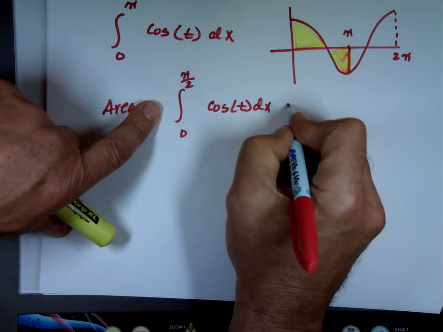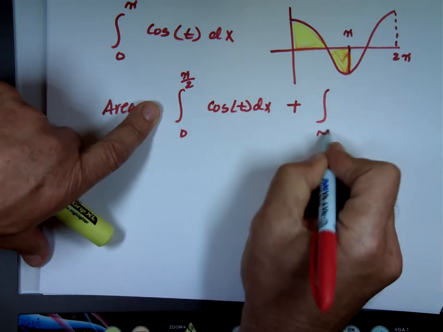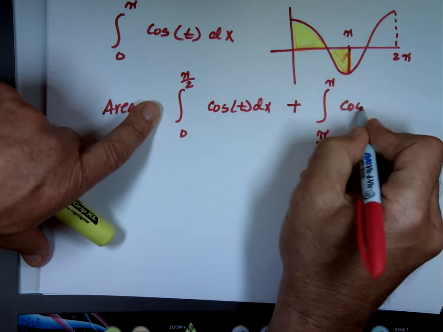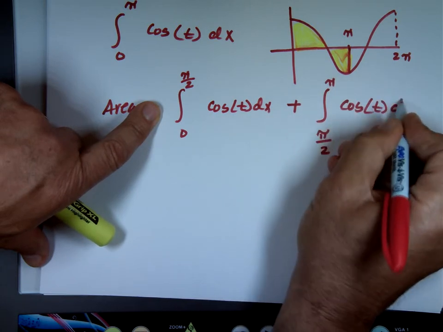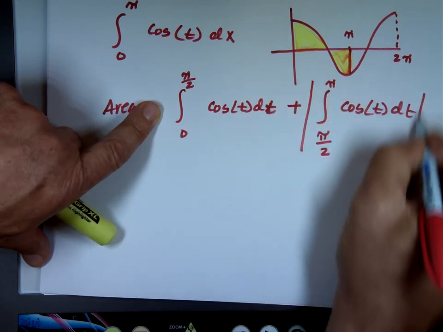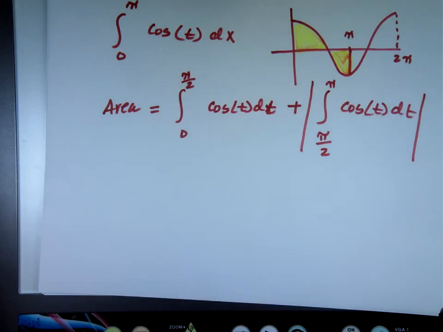But for the second part, to go from pi over 2 to pi, that answer is going to be what? Oh, dt, not dx. If I put t, better be t. This is going to be negative, so I better take the absolute value of that to give me the positive area. Now, what function has a cosine for a derivative?